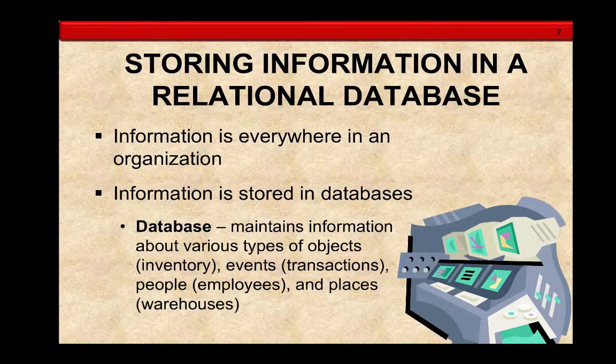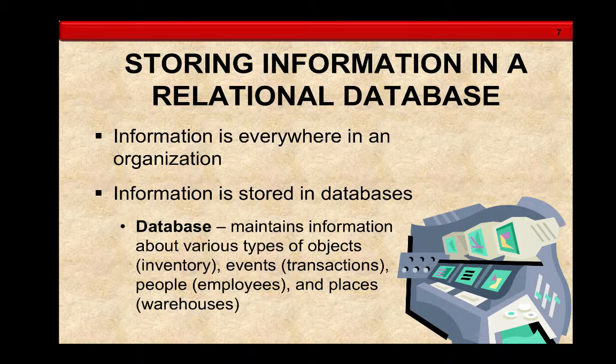As far as information is concerned, we all know information is everywhere, but in order to be able to collect the information and turn it into data, you have to be able to have somewhere to store it. Therefore, there are databases. Within the databases, that allows you to maintain different types of information. And here it shows you under database, it says maintains information about various types of objects.